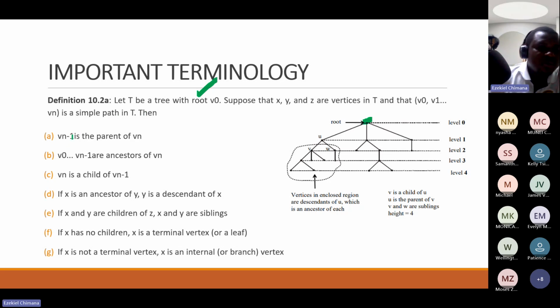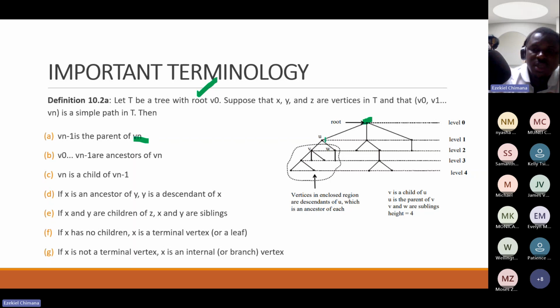Vn minus 1 is the parent of Vn. If you look at that, we are saying that Vn will become the child of Vn minus 1. So it's like we are just going one step back. So that one will become the parent of Vn.